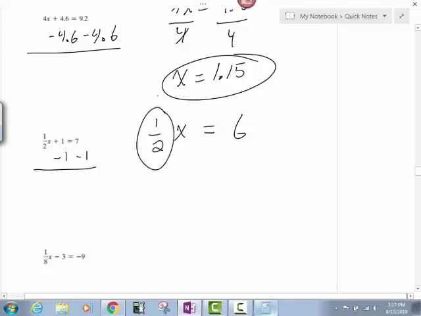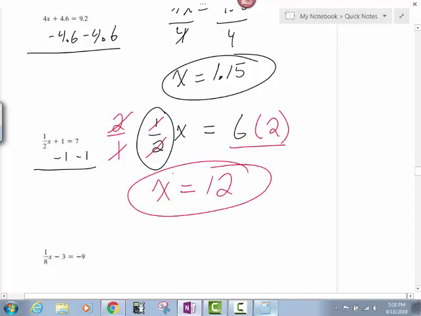The reciprocal of 1 over 2 is going to be 2 over 1. Since I don't have a fraction here, I'll just think of that 2 over 1 as 2. But just like we did in section 2.2, this 2 and that 2 will cancel, and that 1 will cancel. There's our x all by itself, and when we multiply, we end up with 12, right?